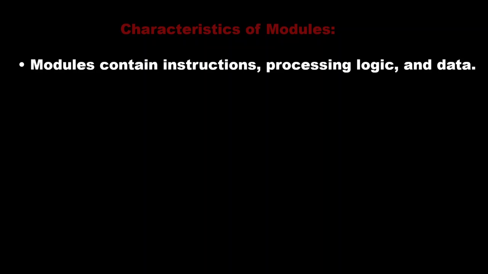So these are the things a module can have. It can have instructions, expression statements or condition statements, and the data. So with these three important aspects, a module can be independent.